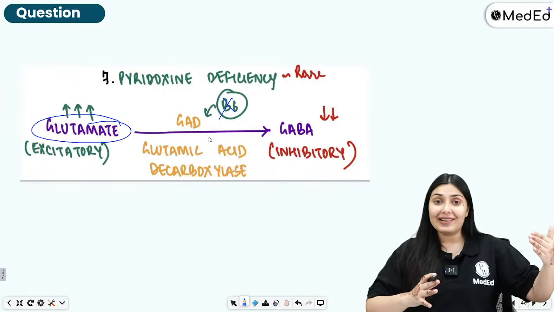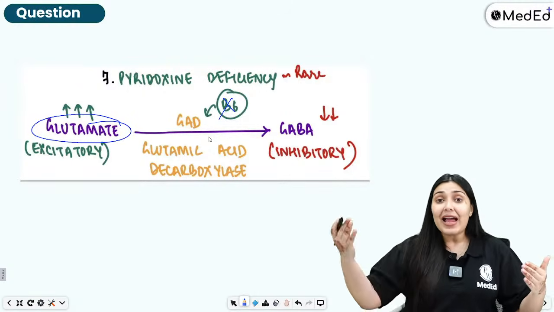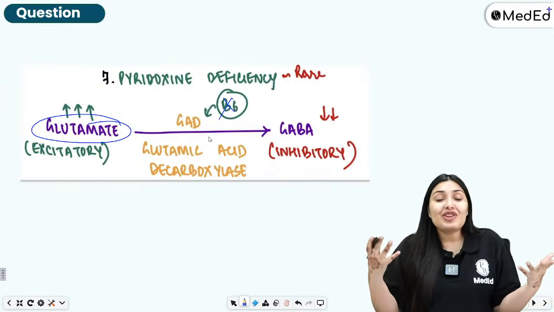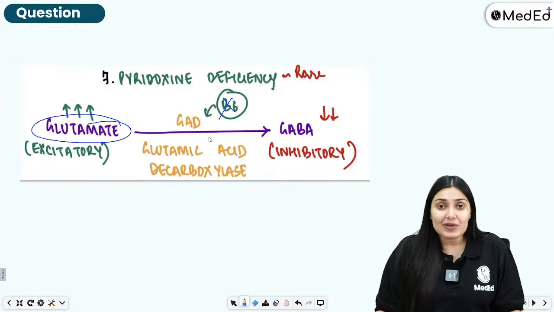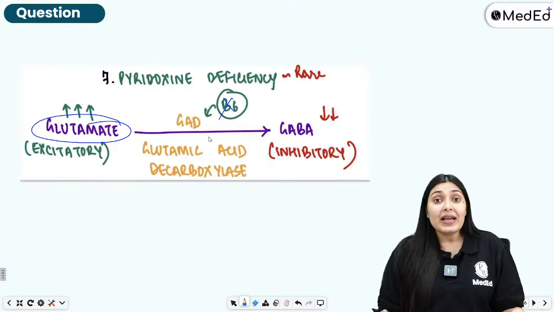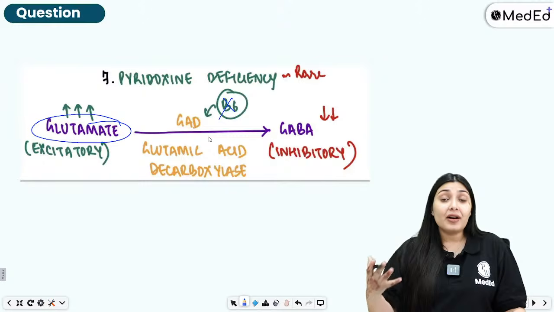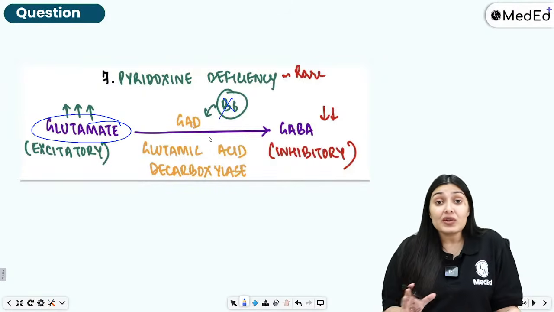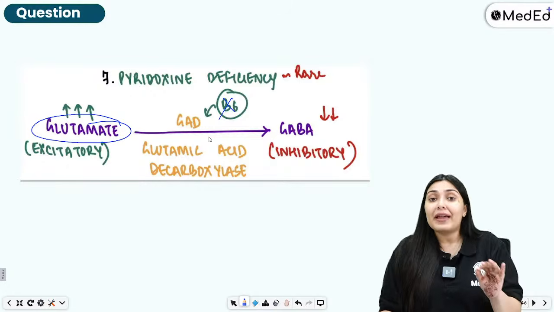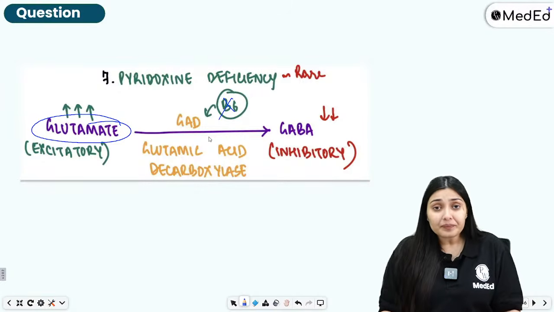Glutamate levels will increase, the substrate will increase, and your inhibitory neurotransmitter will decrease. So there will be too much excitation in the brain that can cause seizures. So whenever you are managing neonatal seizures and despite giving these antiepileptics the seizures are not getting controlled, then we give a trial of pyridoxine in the end, because this could be a pyridoxine deficiency.